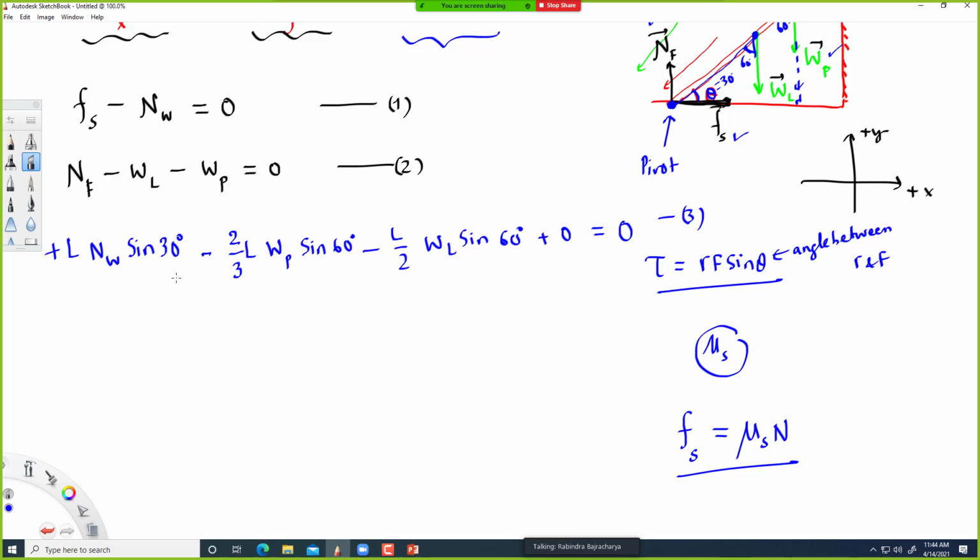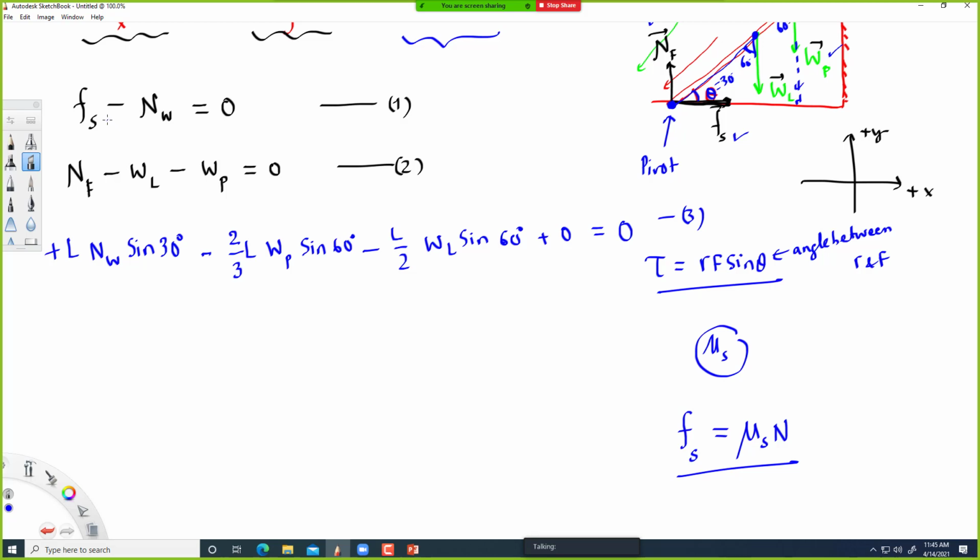Are we going to need to find N? Would the N there be the normal force of the floor in this instance, instead of the wall? Because we have two normal forces. For equations 1 and 2, which one are we going to use, NW or NF?